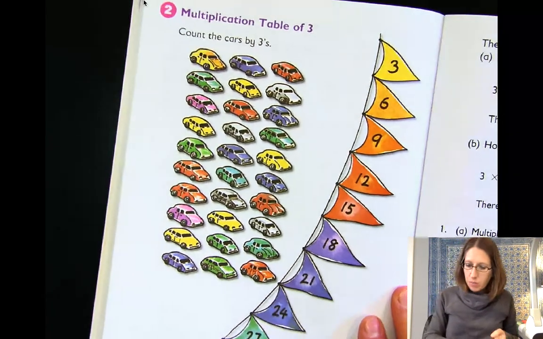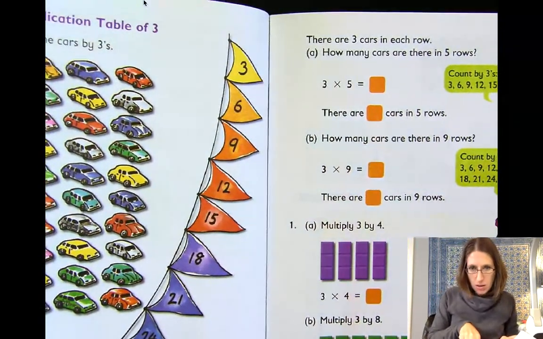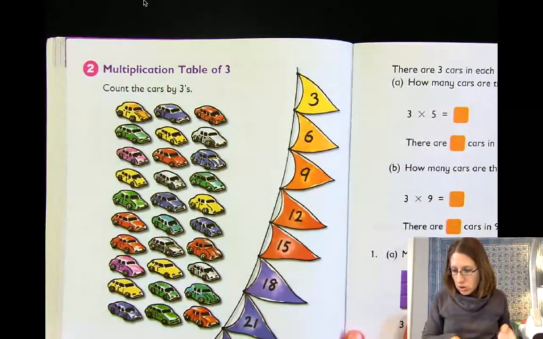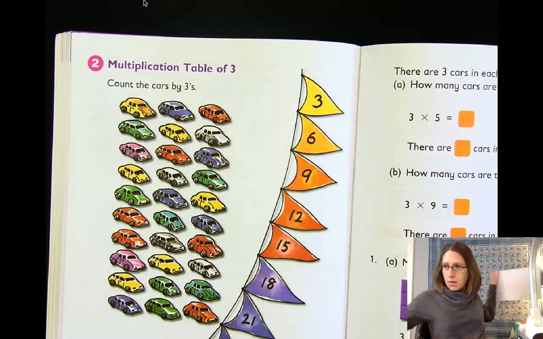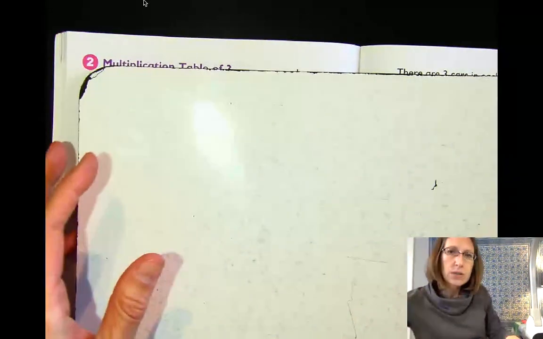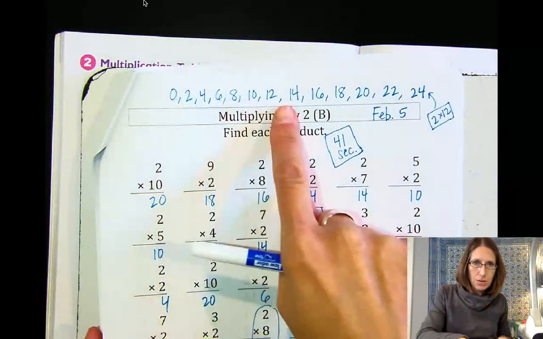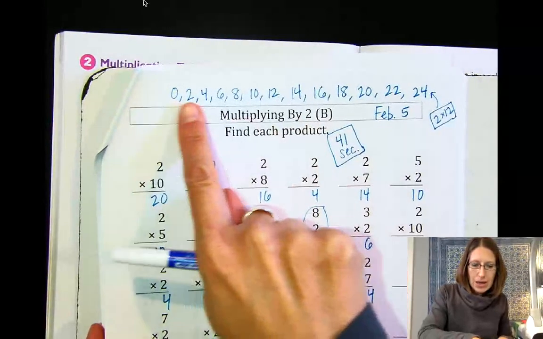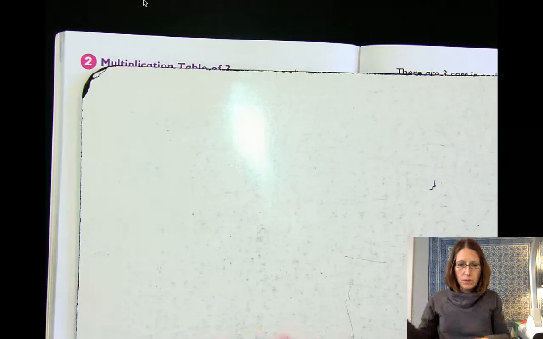Alrighty. So before we move on to looking at this page together, you might want to start writing down some of your 3's facts. For our fact practice, what really helps me when I'm first learning a pattern in a multiplication table is to do my skip counting and have it at the top of whichever one I'm working on.